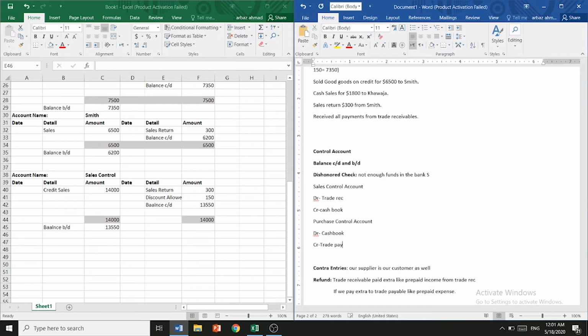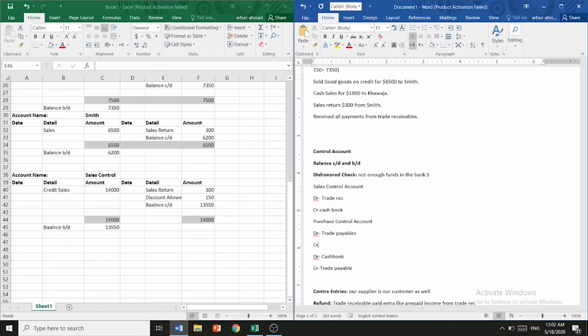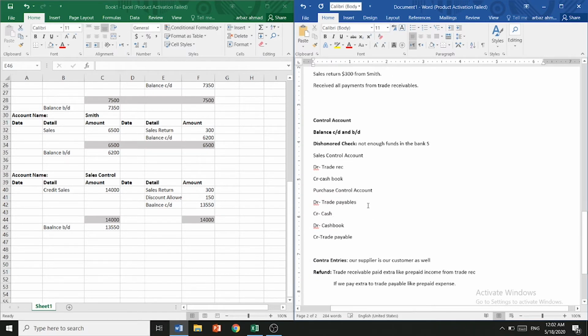and this will be trade payable. Right. So in this case we paid the actual amount, maybe I can mention the actual amount also. So what happened is debit trade payables, and credit our cash. So if we are making payment to trade payable, we credit our cash and pay the trade payables, right?